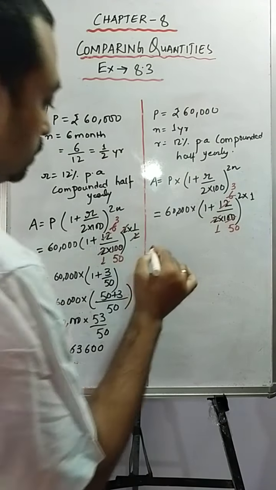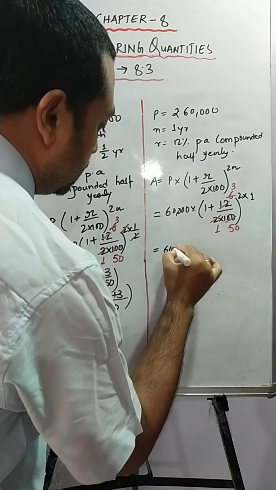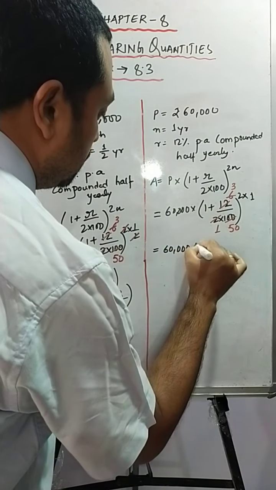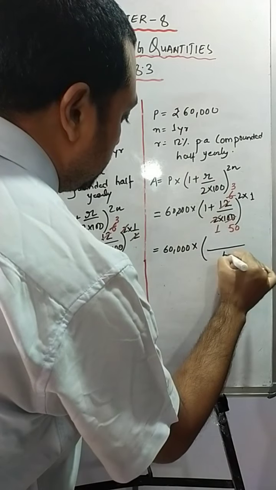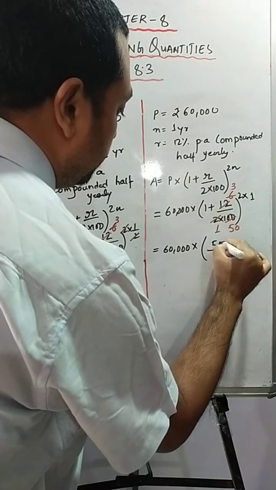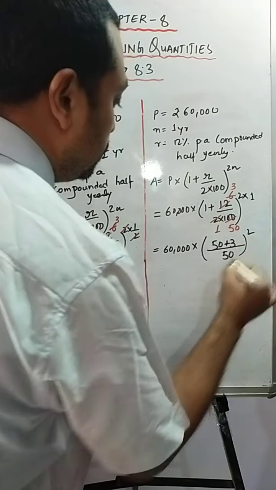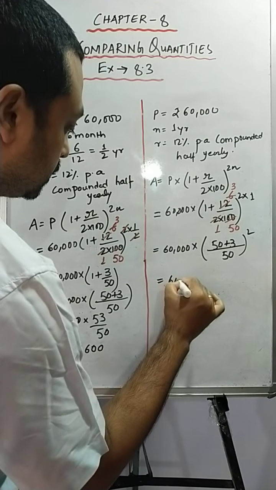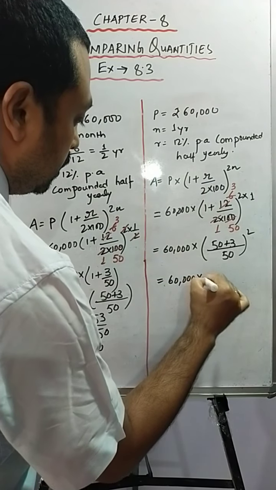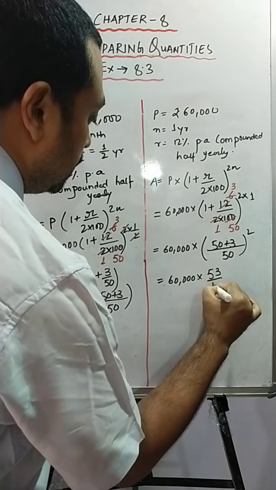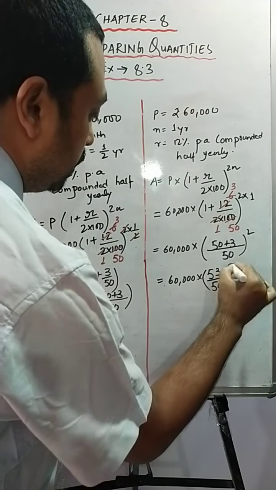So now 60,000 into 50 plus 3 to the power 2. So that would be 60,000 into 53 by 50 to the power 2.